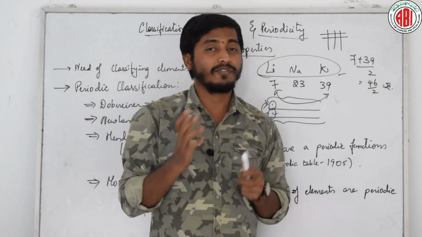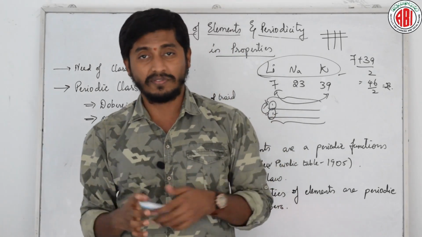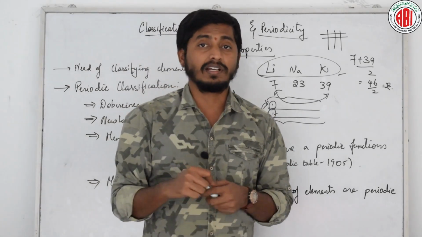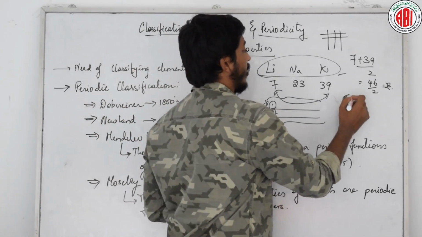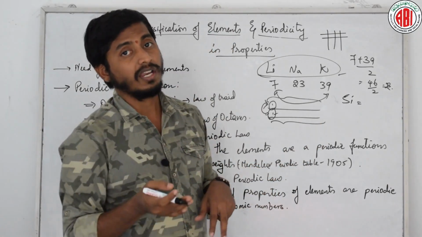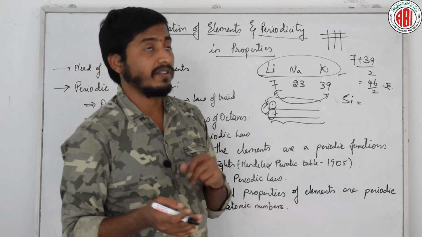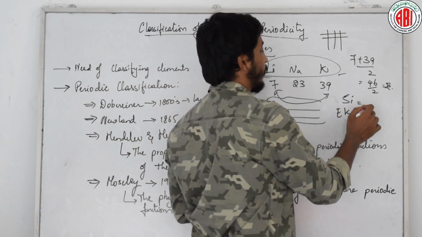Not only this, there are a few other defects, such as he did not leave place for the future elements for the first time. Then he named the future elements. For example, silicon is the present element which is available, then the next future element which has similar properties to silicon, he named Eka silicon.